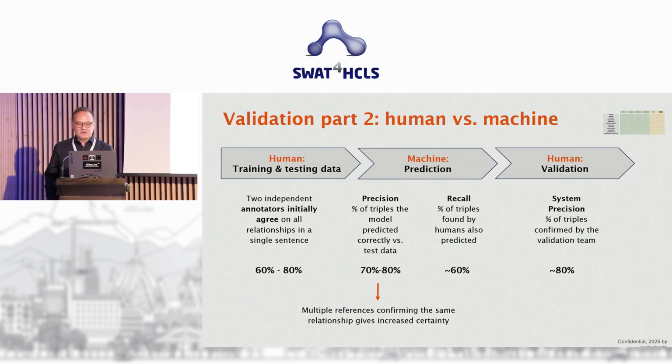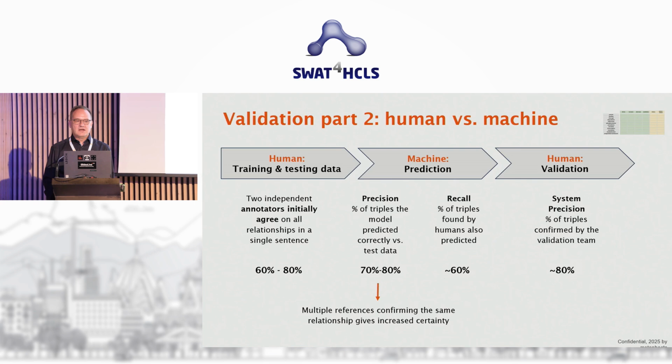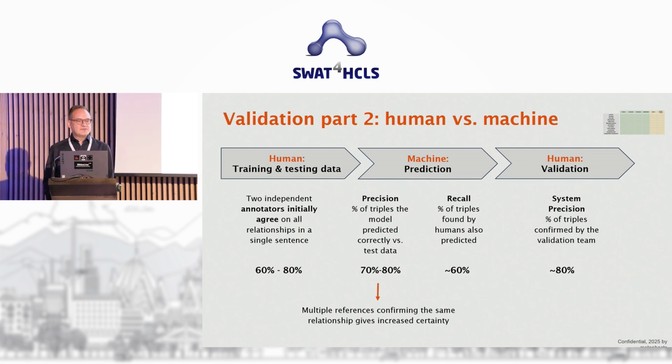And this is what we found when we created this data set, because we overall have put together a set of 1,400 test sentences and training sentences. So we had 2 humans reading these sentences and categorizing them.